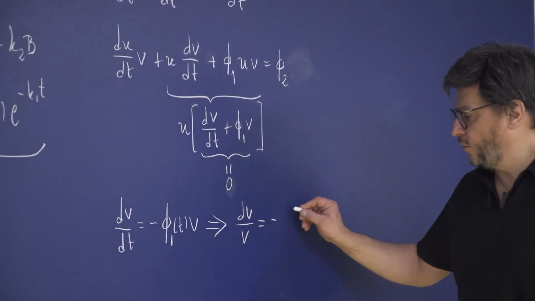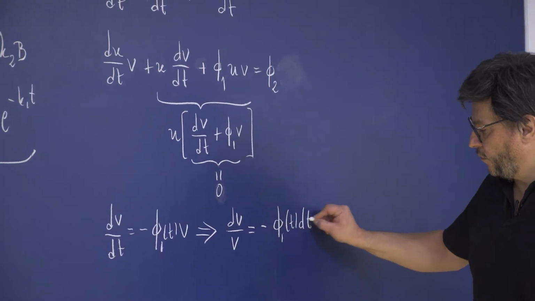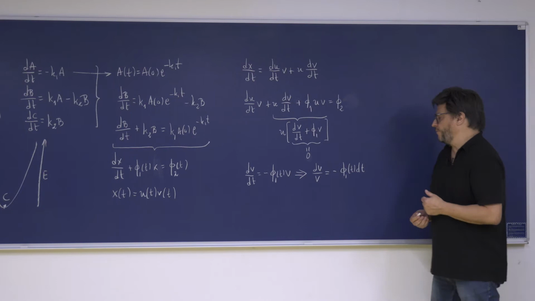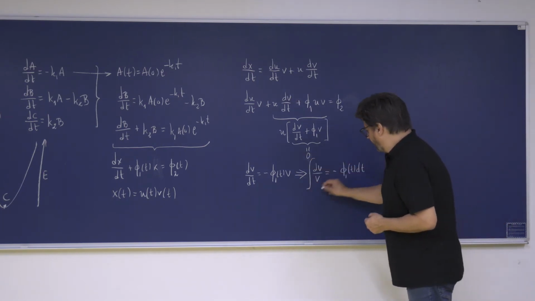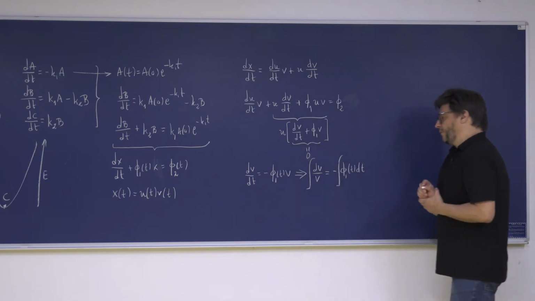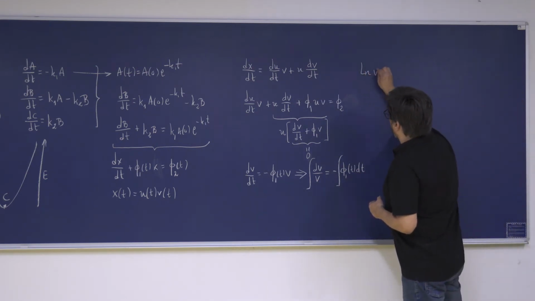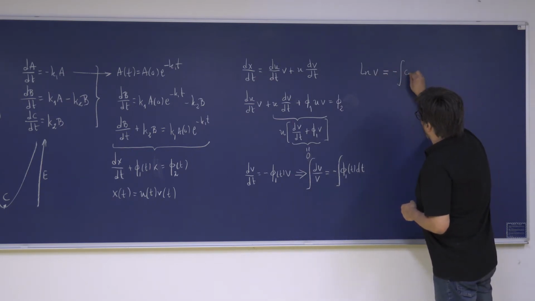This is nothing but what we already saw when we did the first kind of problem, the exponential decay. And I can integrate this. Okay, it is an integral I can do straightforwardly, and this is just this integral.